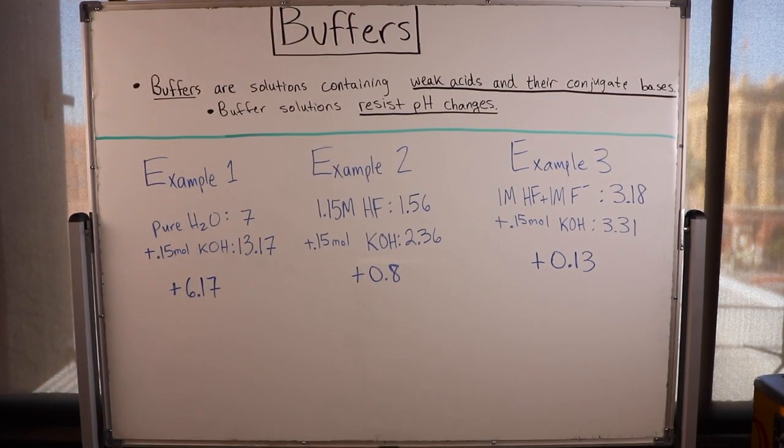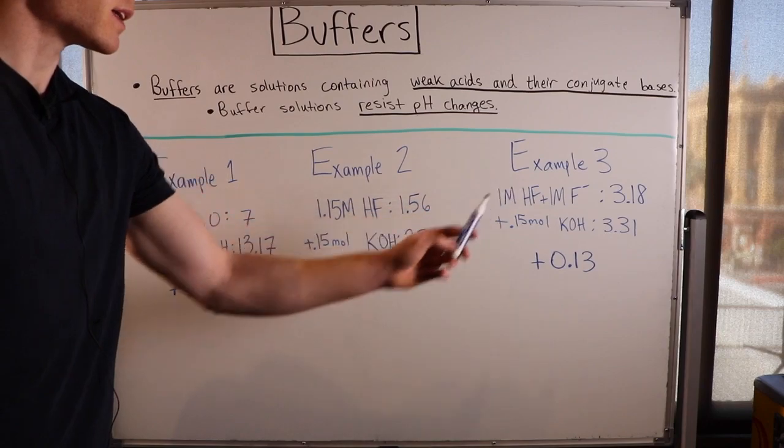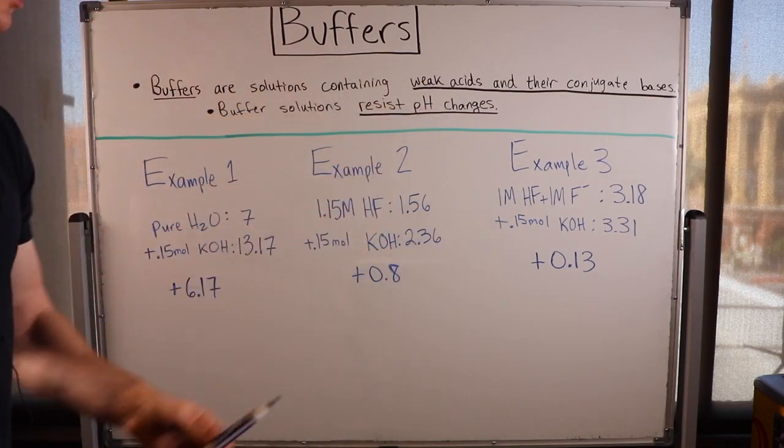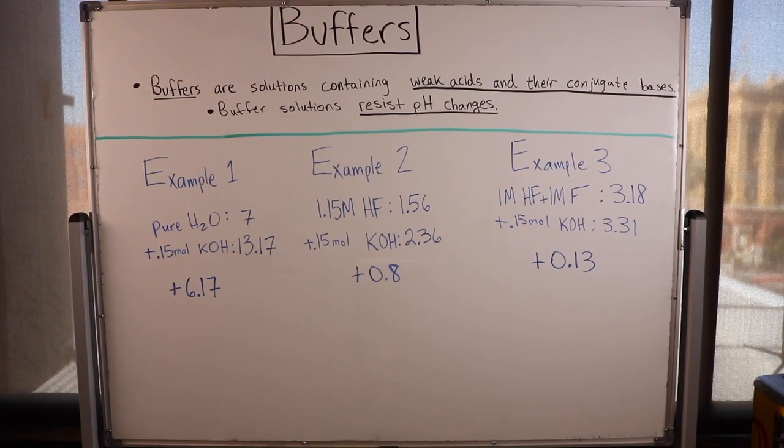So you can see here the mathematical effect of having in place the definition of a buffer, a weak acid and its conjugate base. Again, I'm showing you these to highlight the effect of a buffer and its ability to very tightly regulate the pH of a solution.